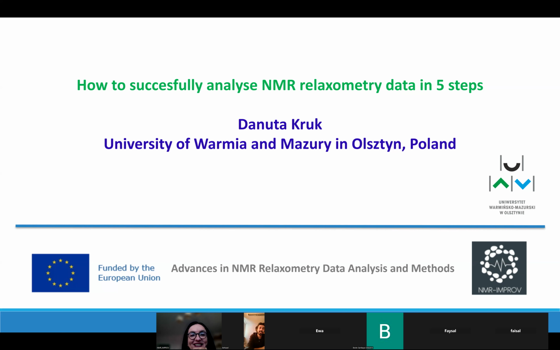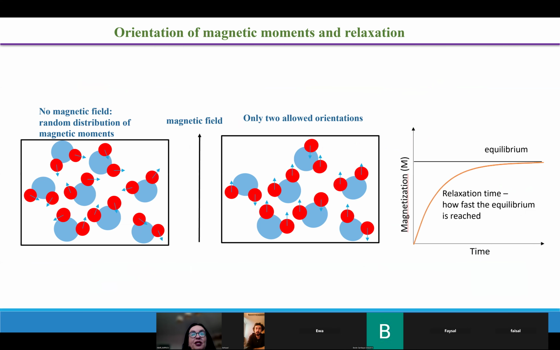However, the lecture starts from the beginning because, of course, the first step is to understand what NMR is. Otherwise, you cannot analyze your data in 5, 50, or even 1 million steps. The first step is always the same, to understand what NMR is.